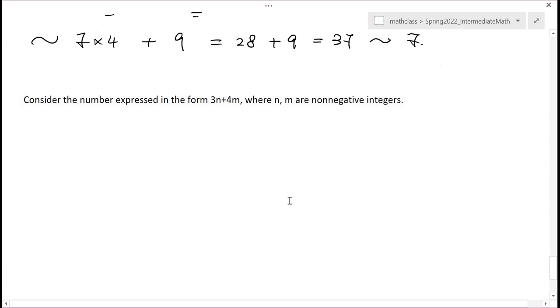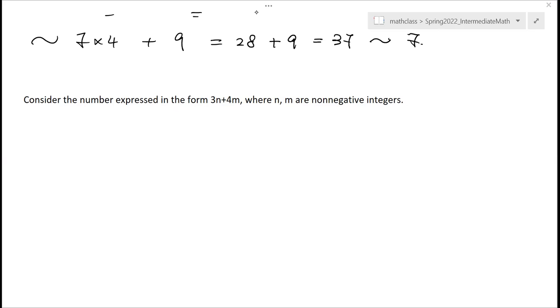Our next problem is we're going to consider the numbers expressed in the form 3n plus 4m. Let's try to express numbers in this form.